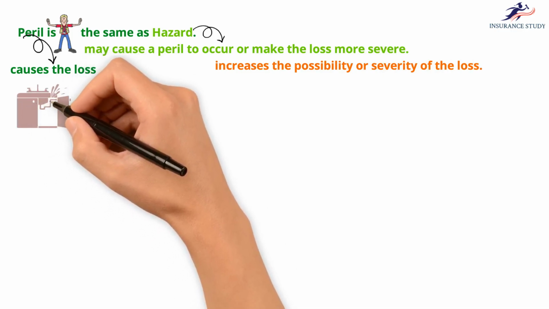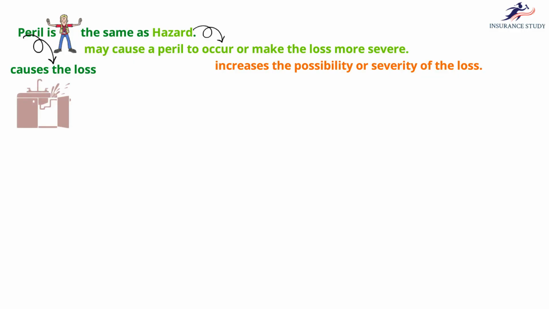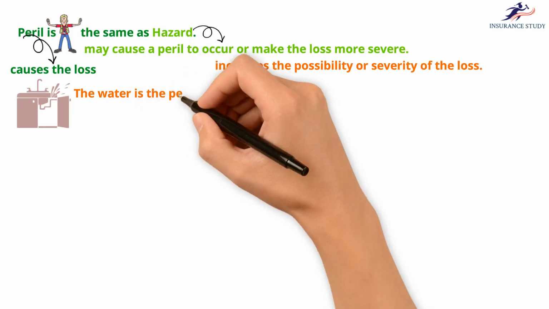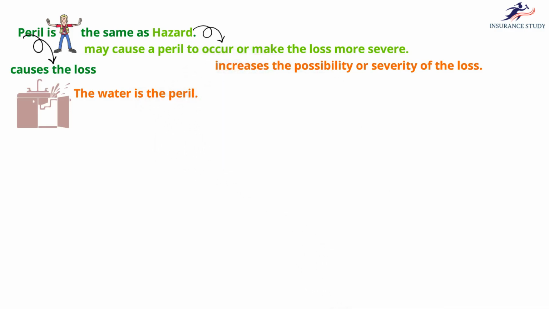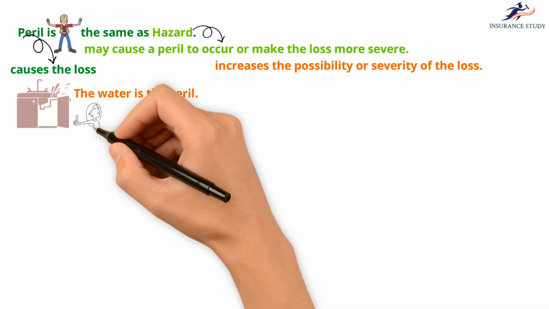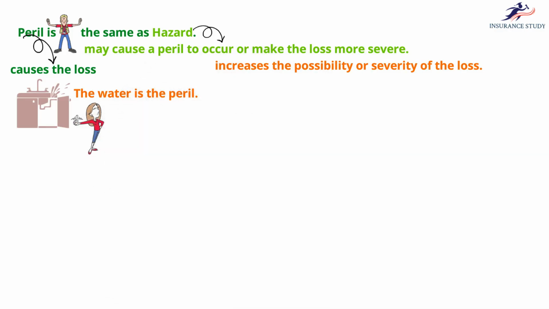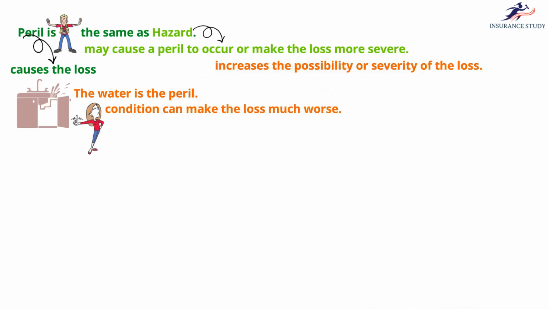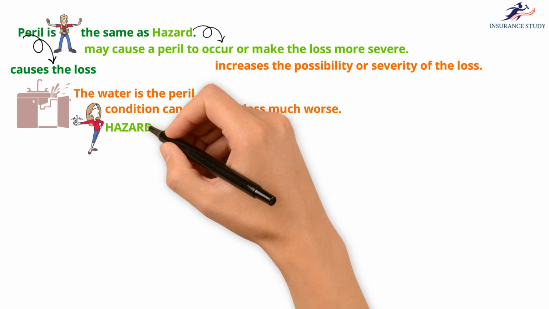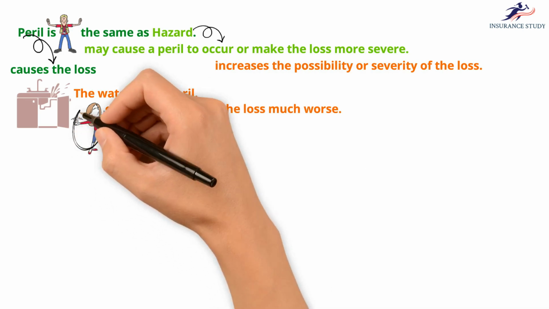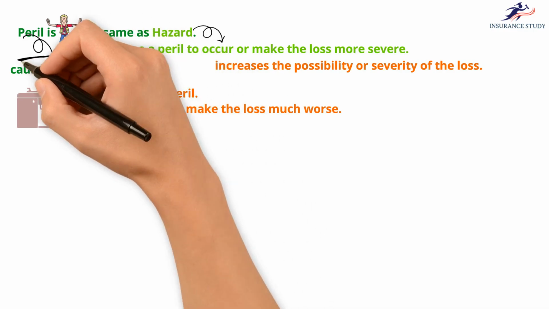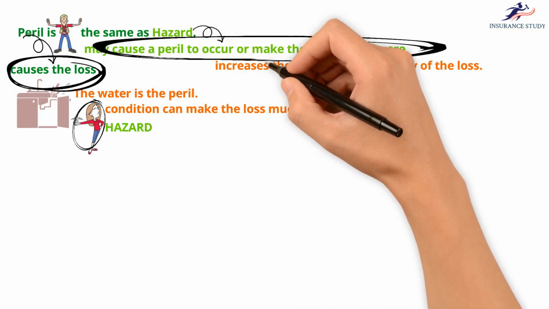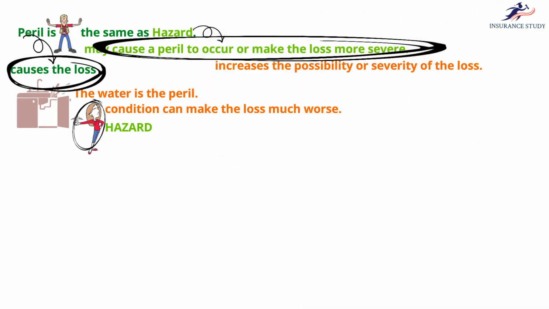Imagine a building has a leaking pipe. The leaking water causes damage. The water is the peril. But if the property owner neglects to repair the leaking pipe, that condition can make the loss much worse. That neglect is the hazard. So remember, peril causes the loss. Hazard causes the peril to occur or makes the loss more severe.